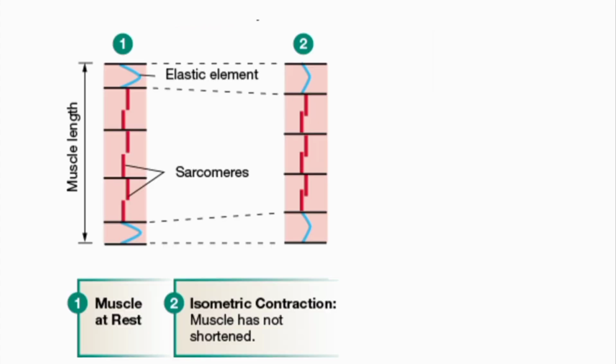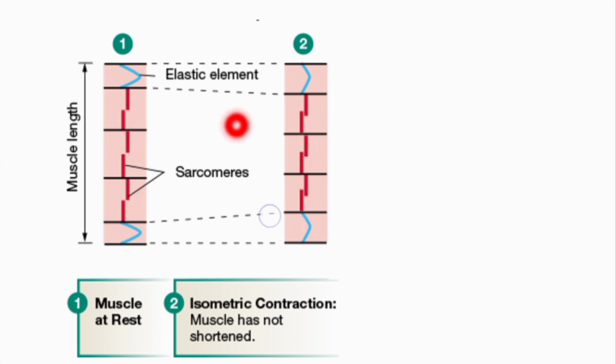Whenever there is isometric contraction, as you can see in this figure, the elastic component is stretched. This is the muscle at resting conditions. You can see the state of the elastic component at both ends of the sarcomere, and this is the state of the sarcomeres. And when the isometric contraction takes place, what has happened? The sarcomeres have decreased in size, they have shortened.